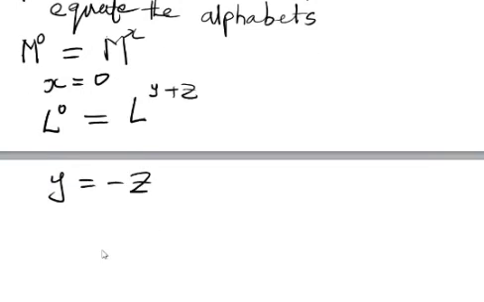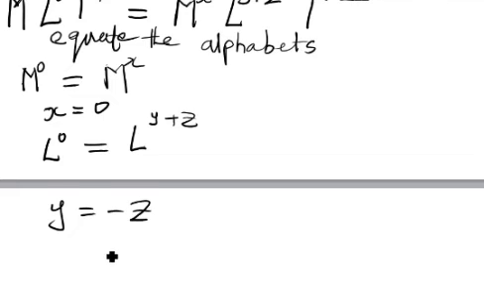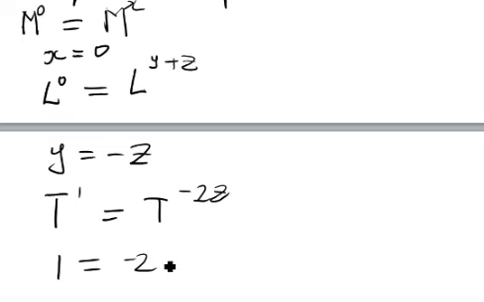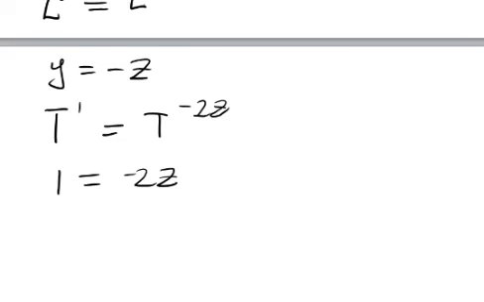And also, if I equate T, I'll have T raised to power 1 will be equal to T raised to power minus 2z. And then I have 1 will be equal to minus 2z, such that z equals minus 1 over 2.